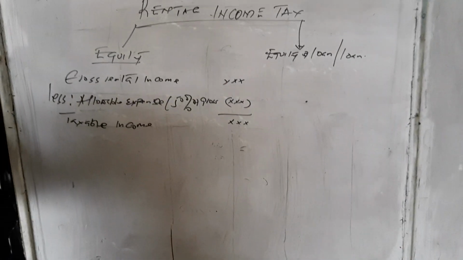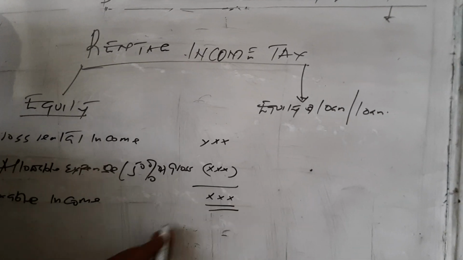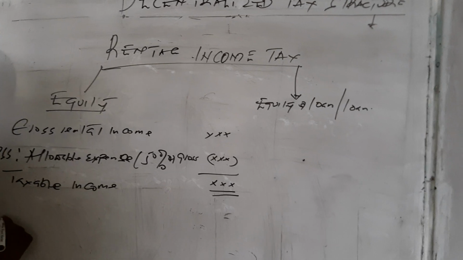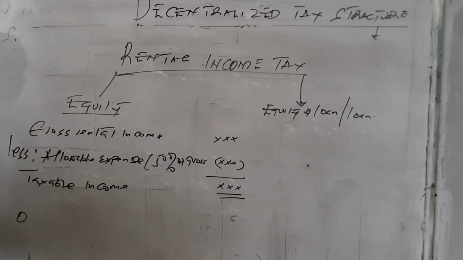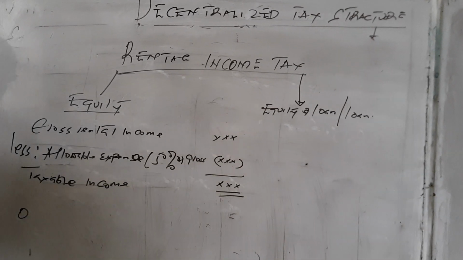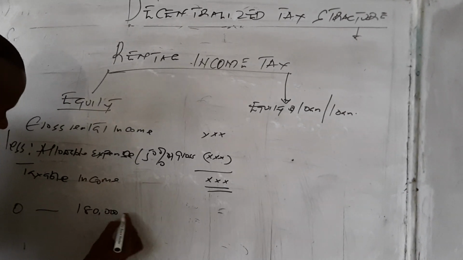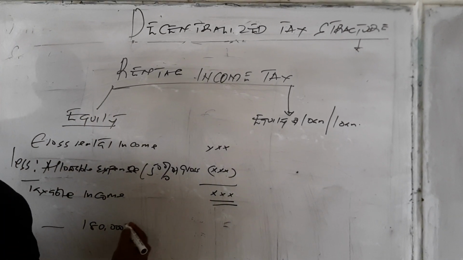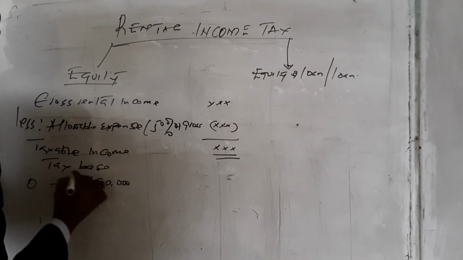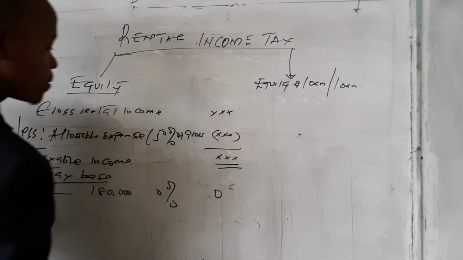Here you need to take this taxable income, then you apply it to the tax band or the tax base, which is from 0 to 180. This is 0%.